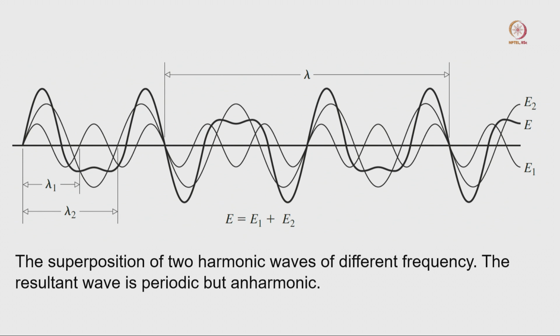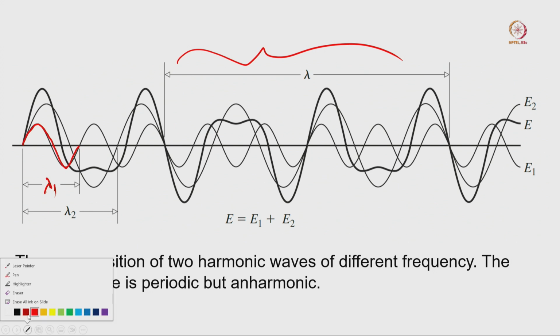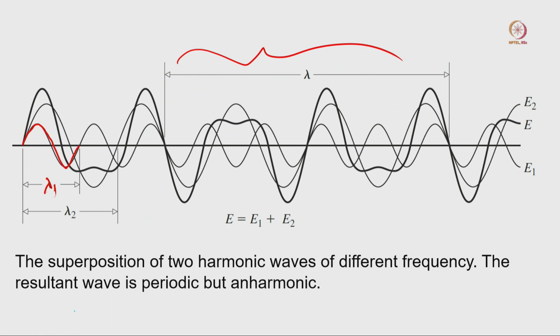Okay, there is another example. Here we are considering only two waves, and in all these cases they are periodic, there is no change. Now there are two waves. One wave we are considering starts from here and finishes here, and its wavelength is lambda 1. The second wave, the blue wave, is the second wave, and its wavelength is lambda 2.